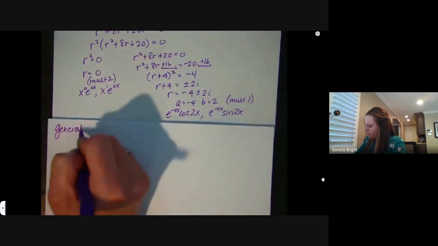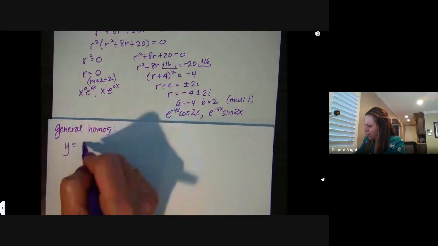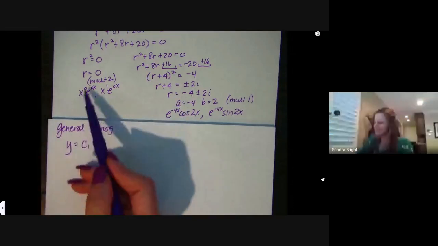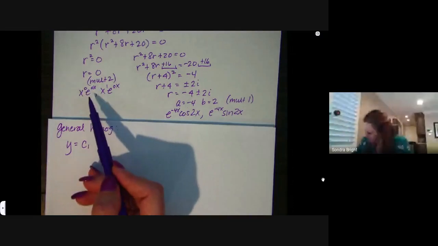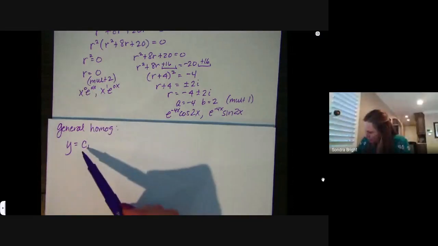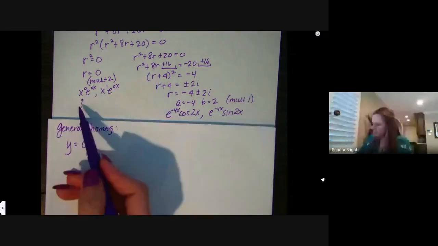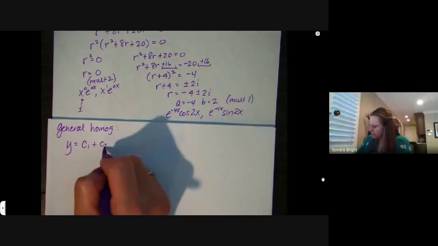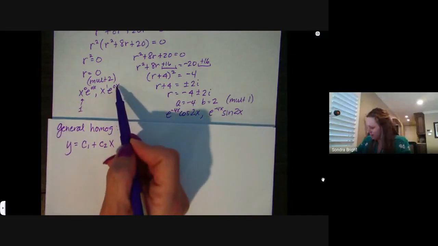so that your general homogeneous would be y equals c1 x to the 0 times e to the 0. That's just 1. So it's just c1 times 1 technically. All right, that's just 1. So c1 times 1 plus C2 times x, and then e to the 0, that's just x. Okay, nice.